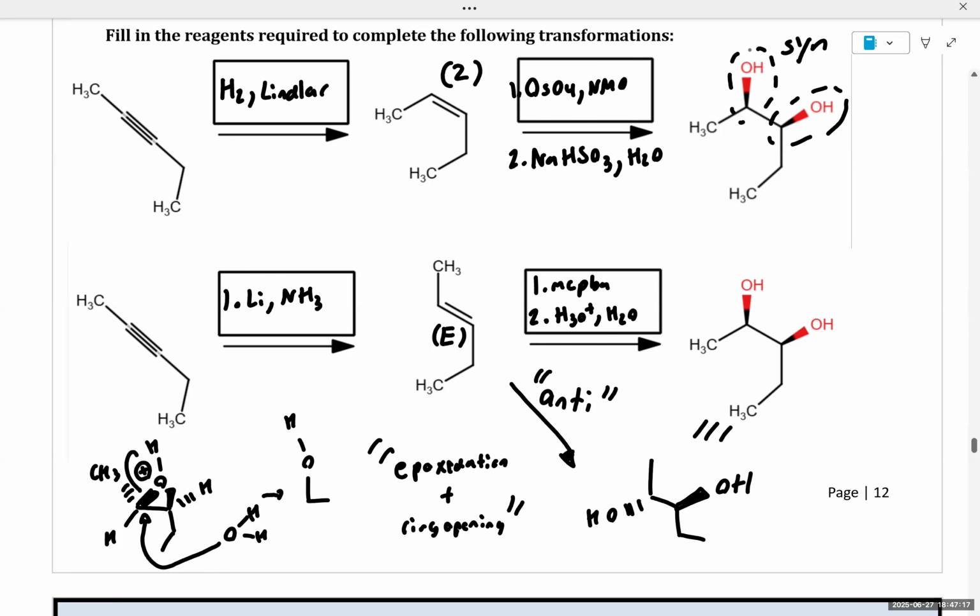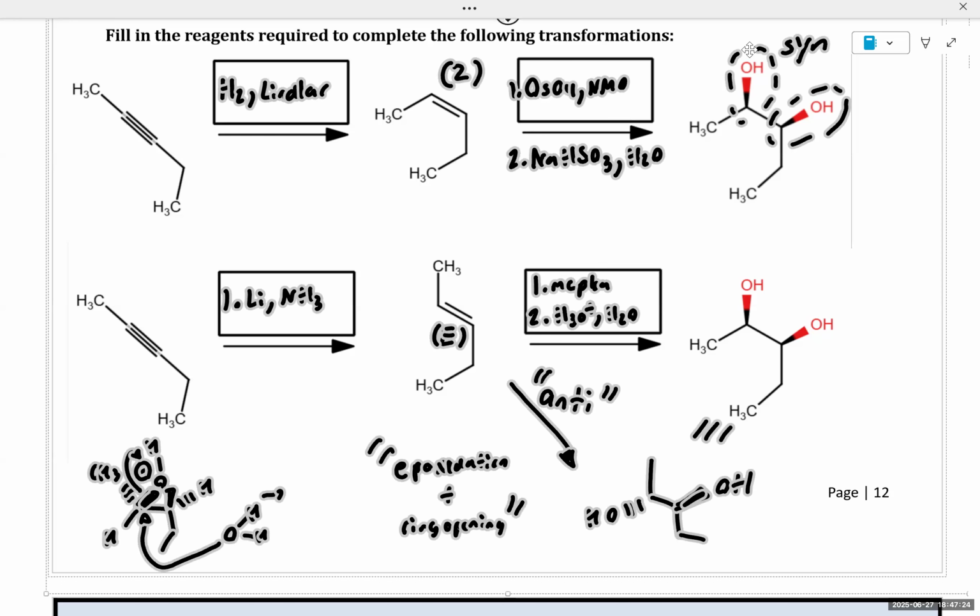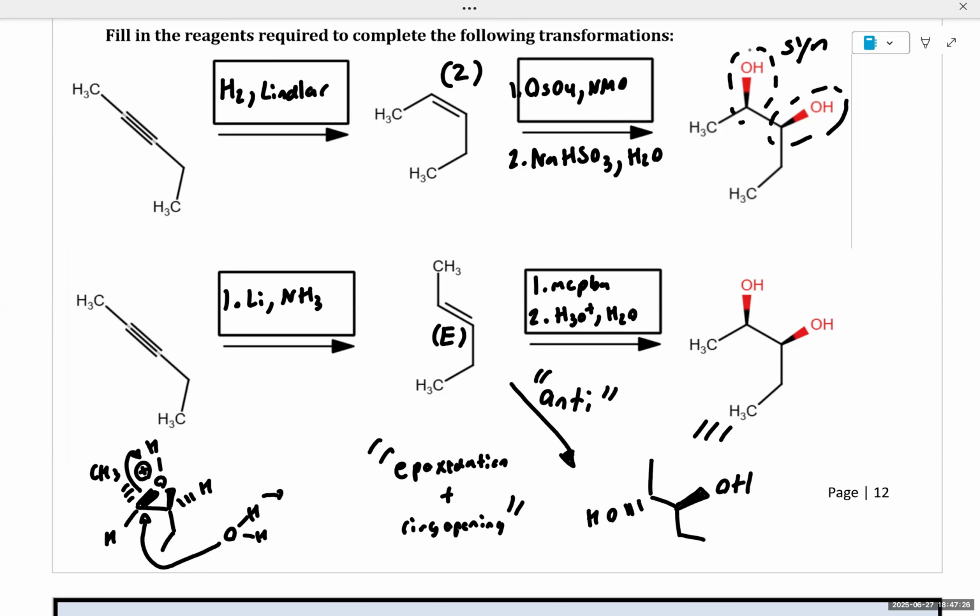Both sides are equally substituted, but this more closely maps onto the product. So as you can see, we prepared the following product, which is directly equivalent to our desired product.